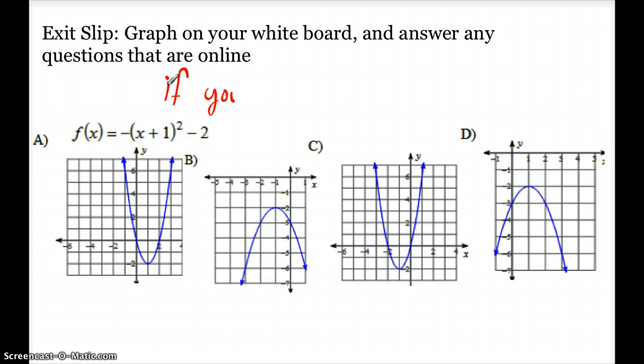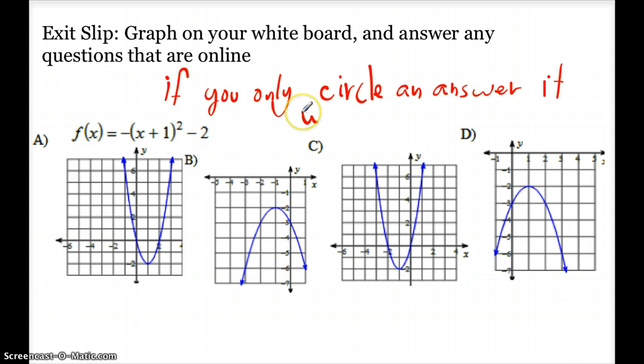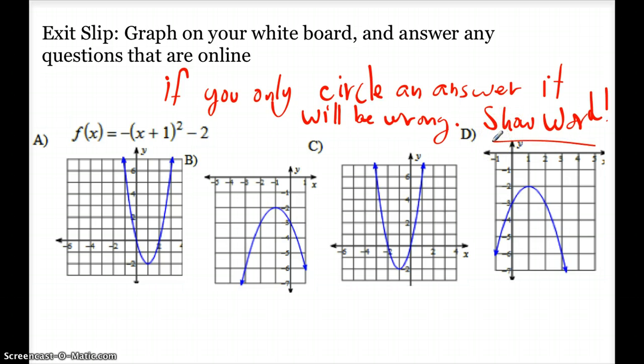If you only circle an answer, it will be wrong. Show work. Okay, very important, show work, so that way I know which one it is.